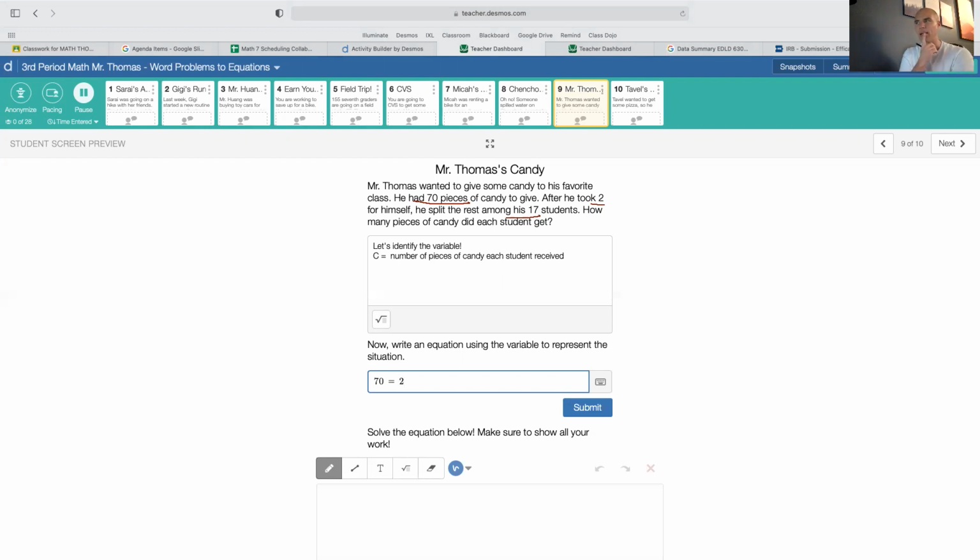So let me put that in there. And then I should be able to take that 2 and add it to all the candy that I gave the students and have that equal the 70 I started with. Well, there's 17 students and each one of them got C pieces of candy, right? So 17 times C should equal that missing piece of my equation.